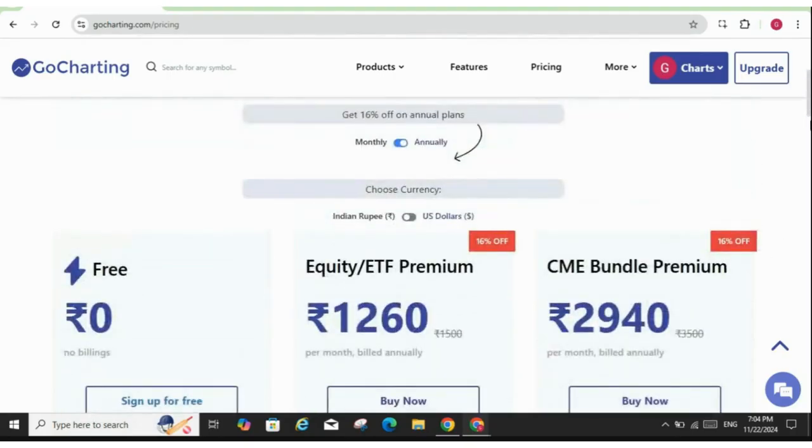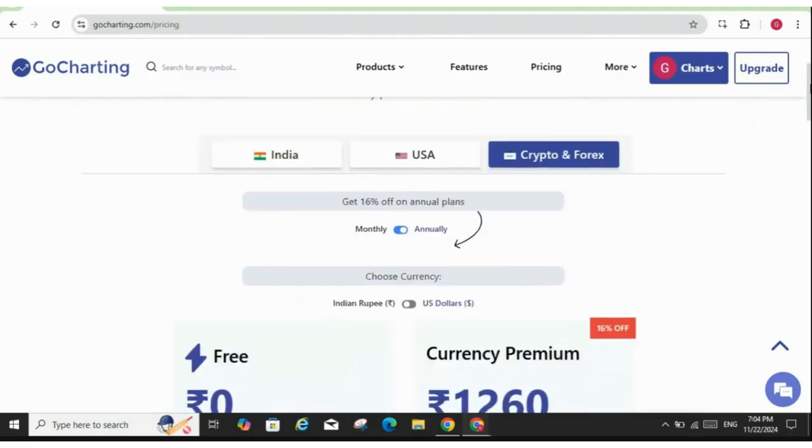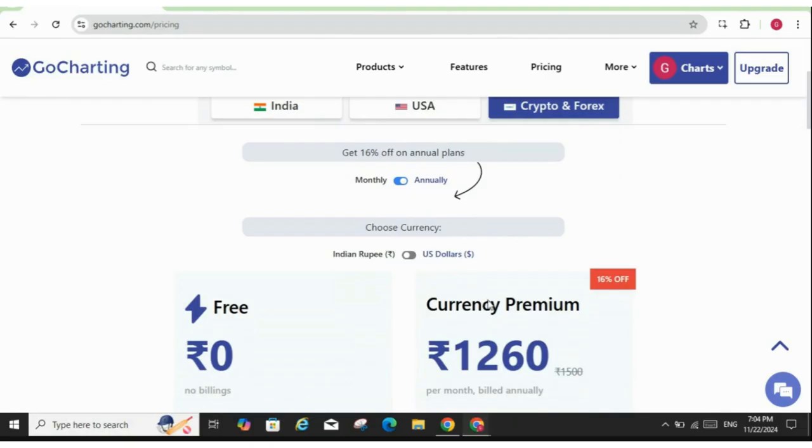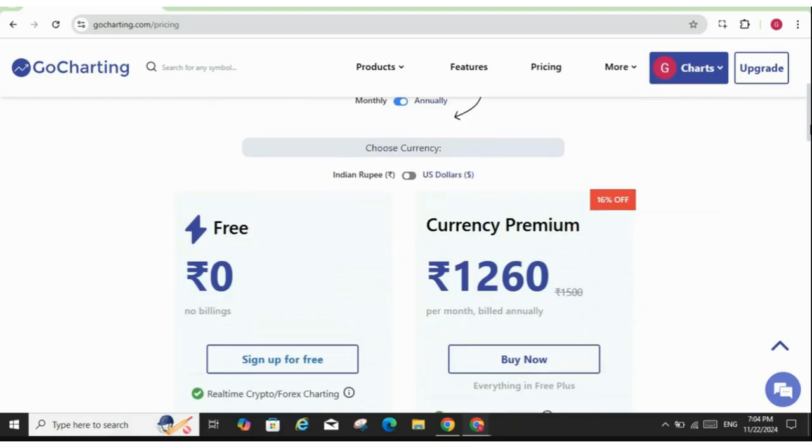And then if you want to trade in the crypto and forex market, you can take this plan. This is Currency Premium, where you get all forex-related symbols and also crude oil and the CFDs of the indexes. For example, the NQ CFD will be like NDX 100, and you can see those here.